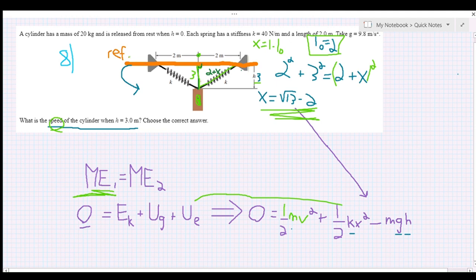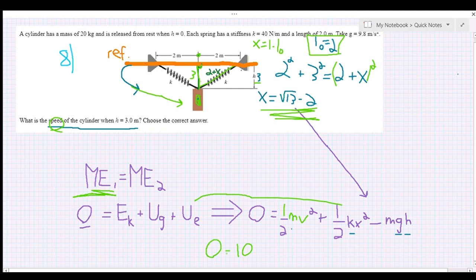Minus mgh. Why minus? Because it's below the reference that we chose. Right, so it's below it. Now substituting, we have h is 3, g is 9.8, m is 20, x is radical 13 minus 2, and we need to find v.